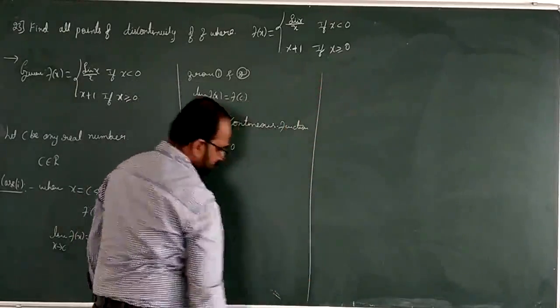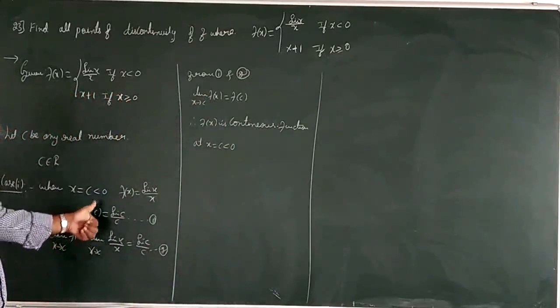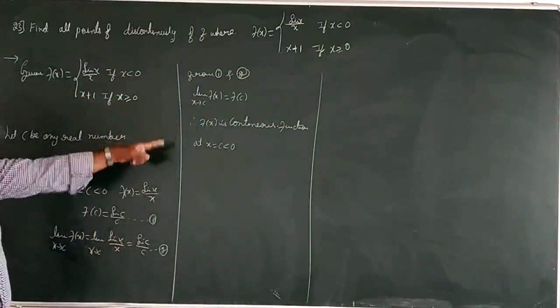This is case 1. That is, when x is less than 0, f of x is a continuous function.